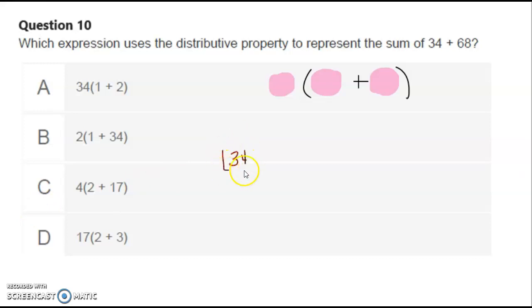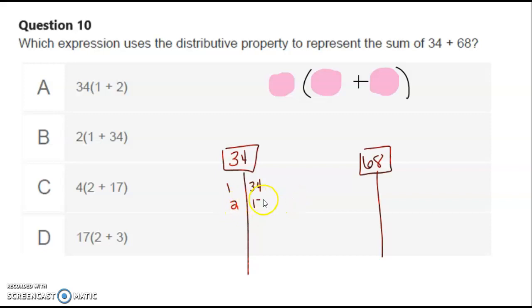So I need factors of 34 and factors of 68. All right, let's do this. So numbers that multiply to make 34: 1 and 34. 2 and 17. I don't think 4 goes into it. 3 doesn't go into it.